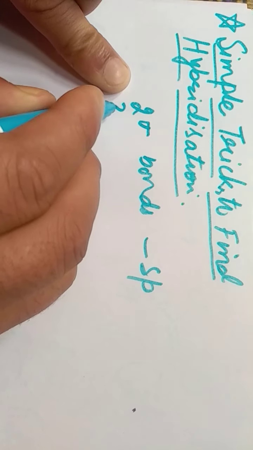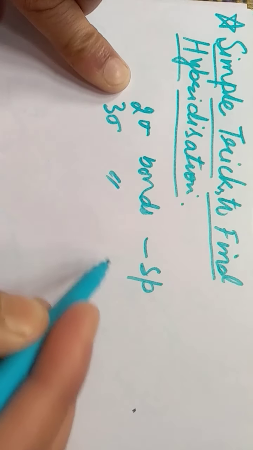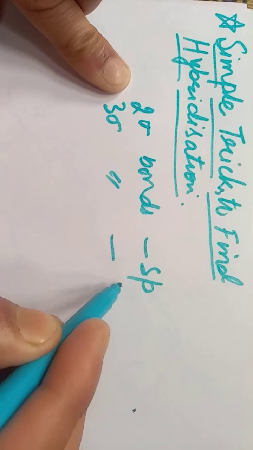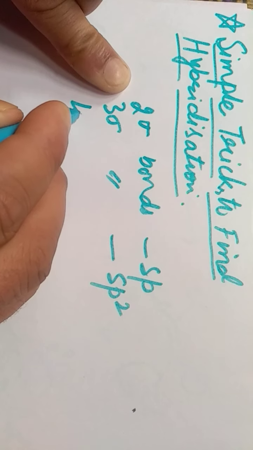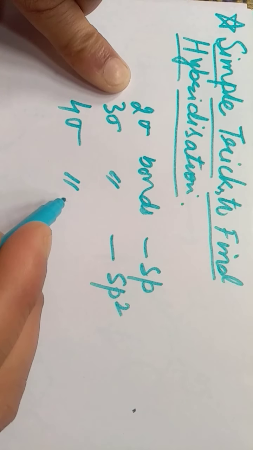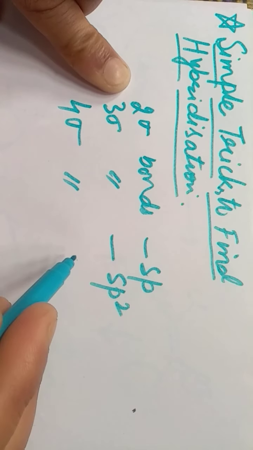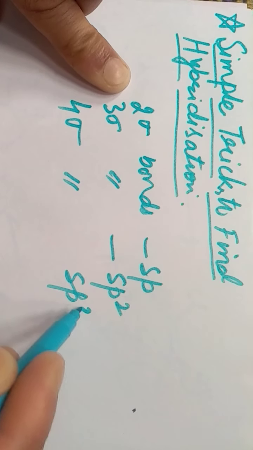If there are three sigma bonds, then hybridization is sp2. If there are four sigma bonds, then hybridization is sp3.